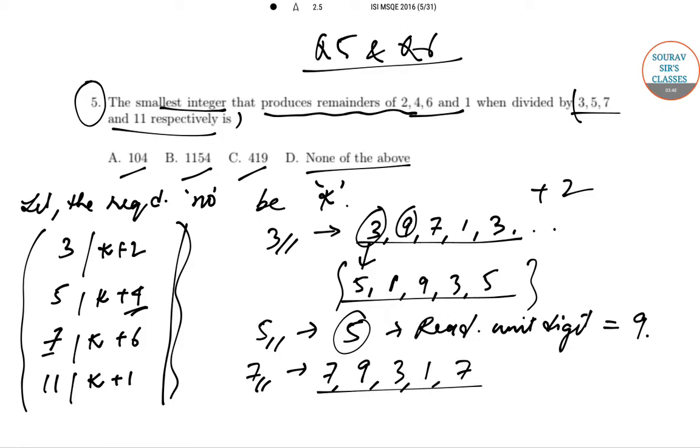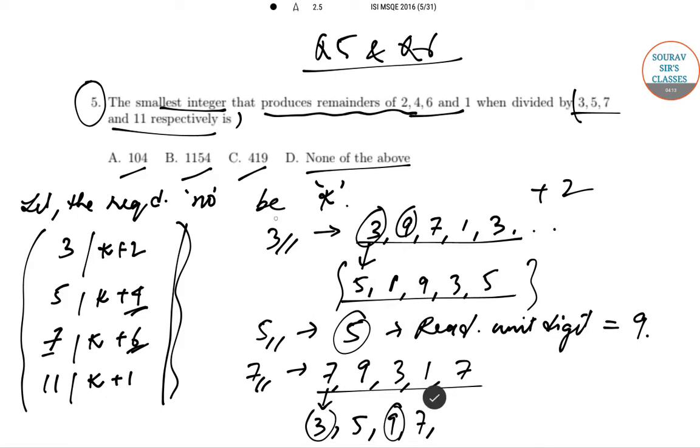Now when the required number is divided by 7, the remainder that we get is 6. In this case, the required unit digit will be 7 plus 6 is 13, so the unit digit is 3, 9 plus 6 is 15, so the unit digit is 5, 3 plus 6 is 9, 1 plus 6 is 7, and 7 plus 6 is again the starting number. So the required unit digit is 7.